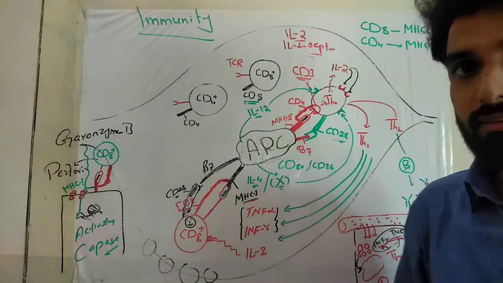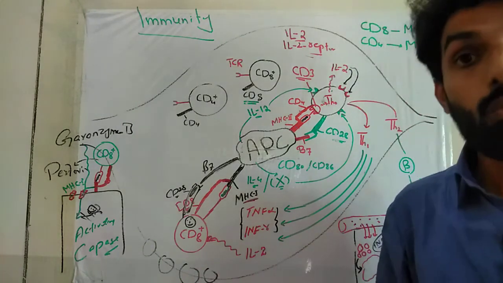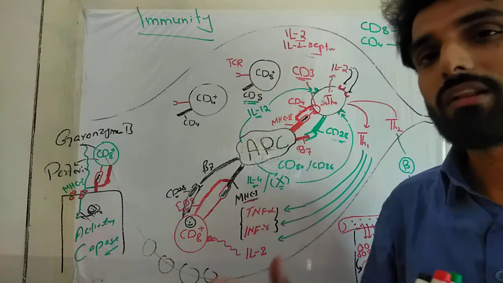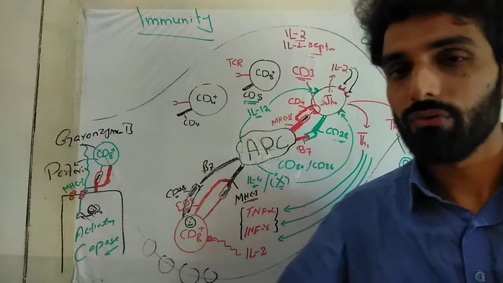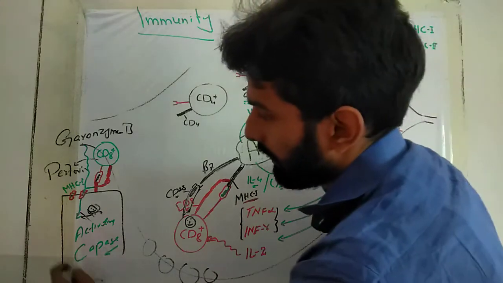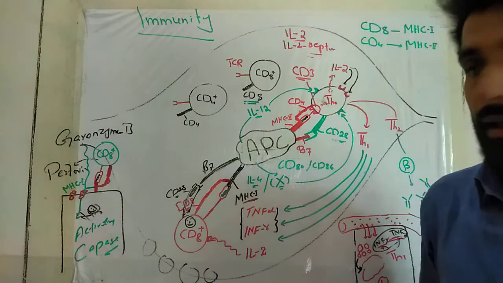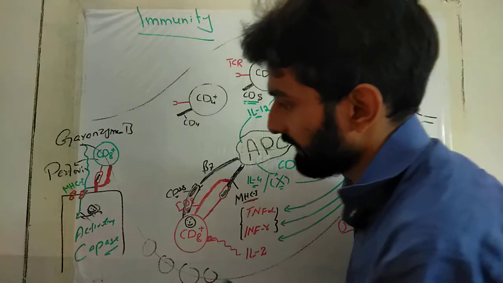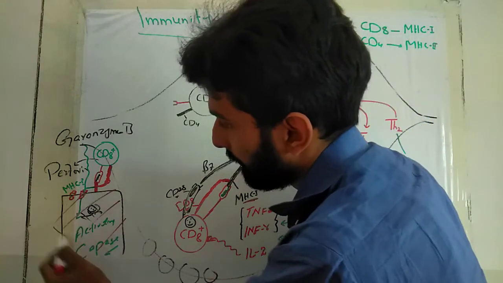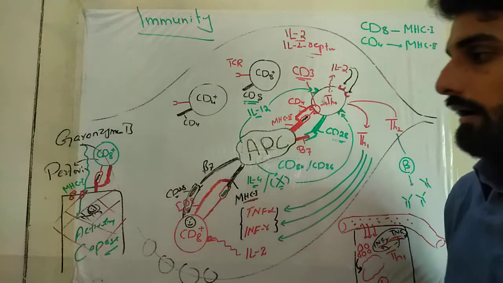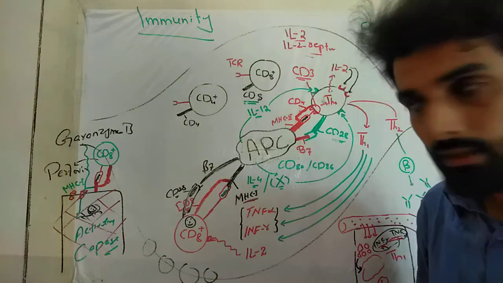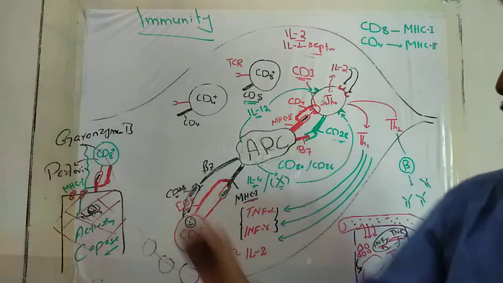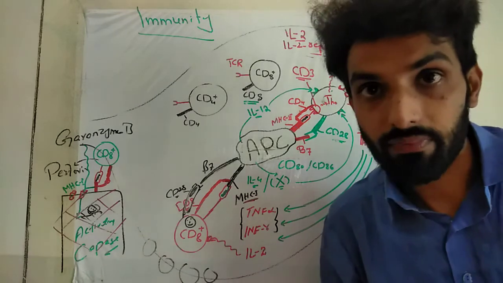What is apoptosis, what are the types of apoptosis, what are the pathways of apoptosis, all these things will be explained in later videos. So now it will cause activation of caspases and apoptosis of this cell. Now this cell will die. Okay, so in this way the cytotoxic T cell works.